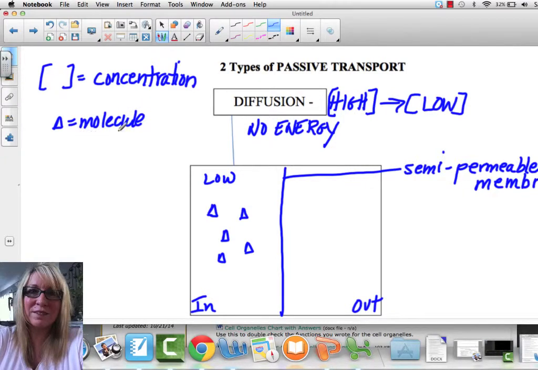And maybe they're nutrient molecules. And then over here I have high concentration.